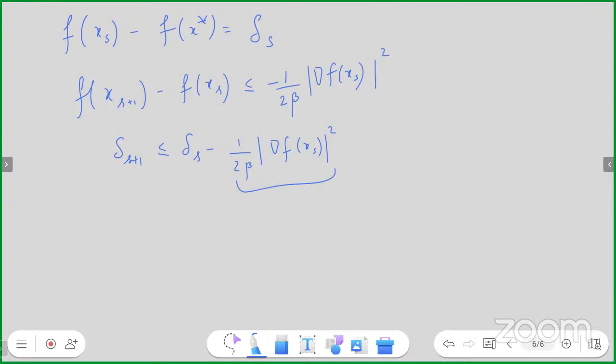Are you first using the smoothness? Yes. Basically, I wanted to use the fact that we have inequalities in terms of del fx minus del fy, and with respect to x minus y, having a beta relationship.